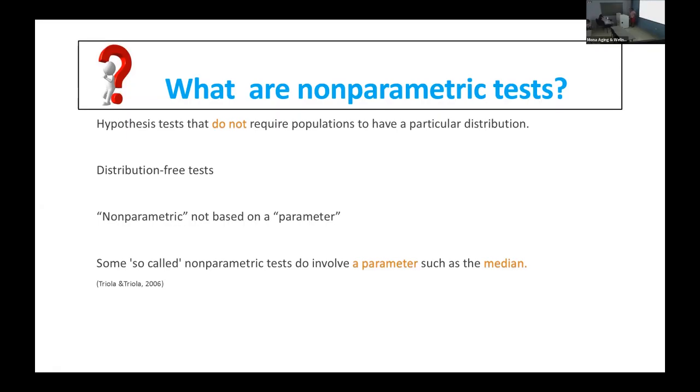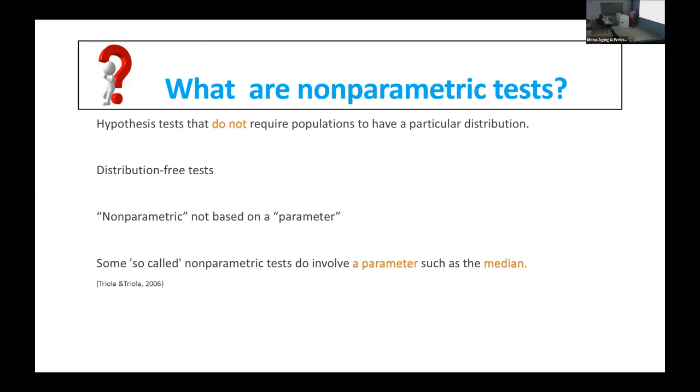These tests do not require your populations to have a particular distribution. Your population does not need to have a particular distribution, and when it says that, it really means it doesn't necessarily have to be normally distributed.